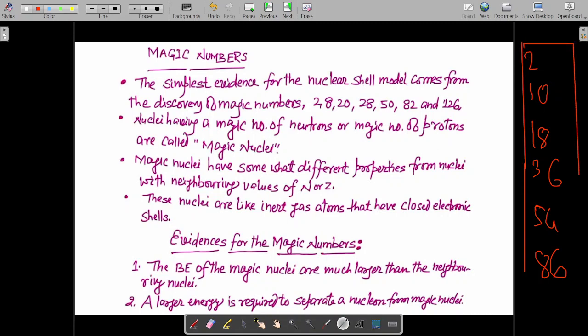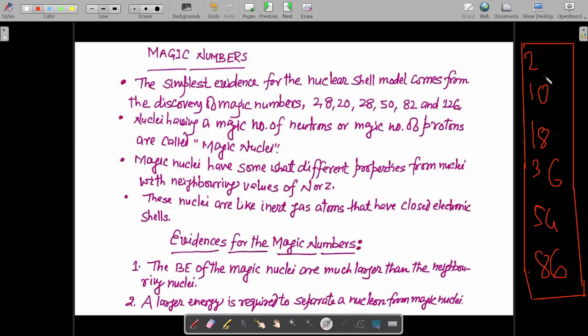But for protons and neutrons, when we fill them in a similar manner inside the nucleus, the magic numbers are 2, 8, 20, 28, 50, 82 and 126.